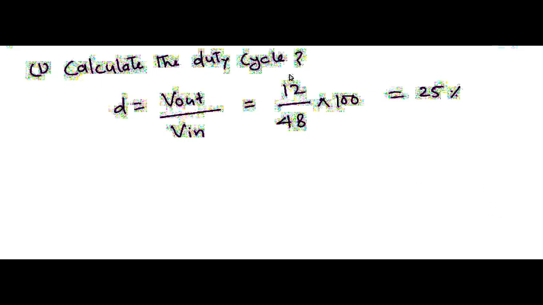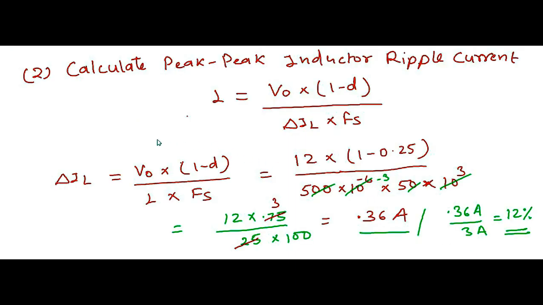Now let us calculate the second question, the peak to peak inductor ripple current. The formula for inductance calculation in the buck converter is L equals V naught multiplied by 1 minus D divided by delta IL into Fs, and I want to calculate the value of delta IL.